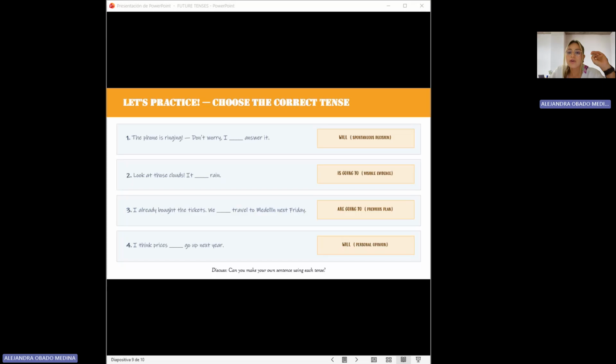Number 3. I already bought the tickets. We are going to travel to Medellín next Friday, okay? Previous plan. Why? Because the tickets are bought.